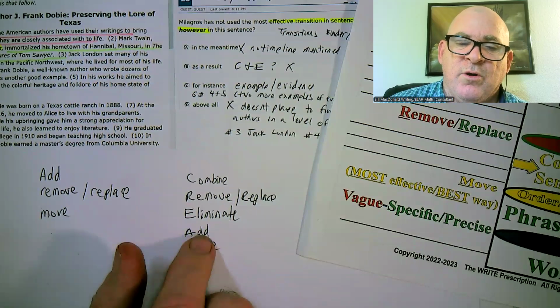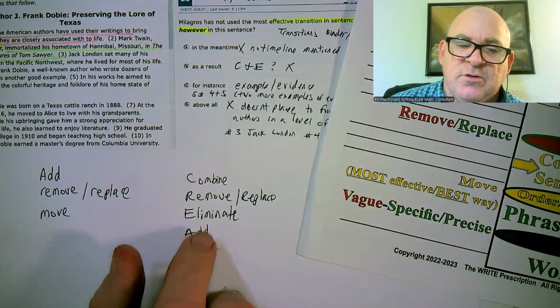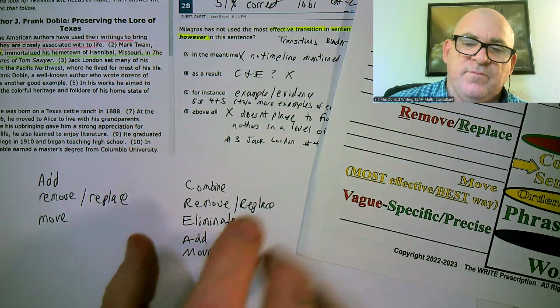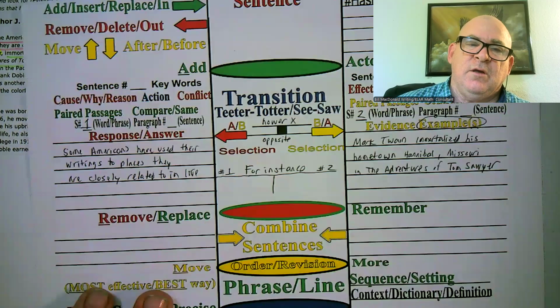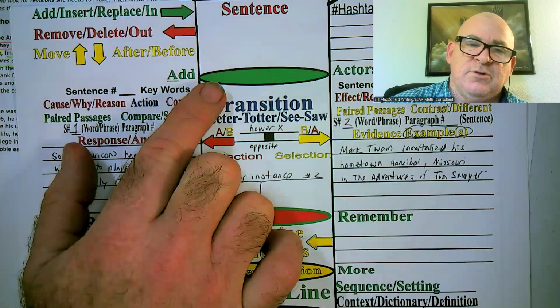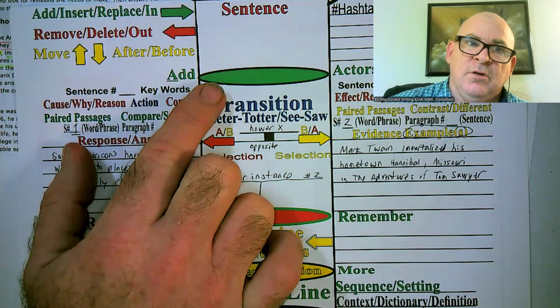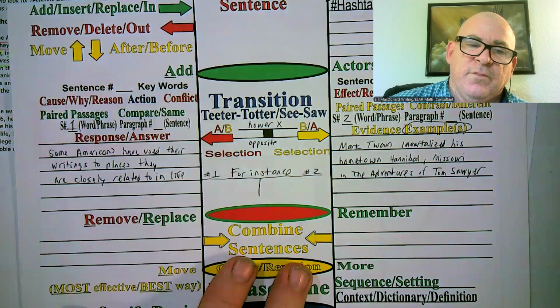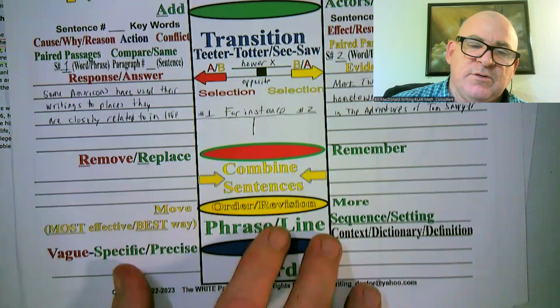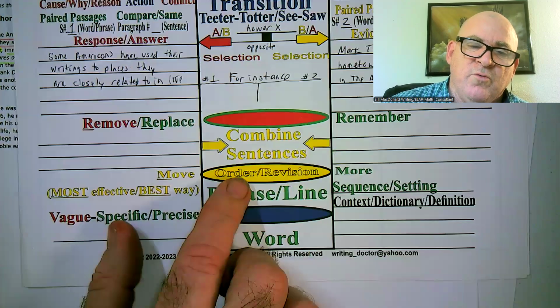To add a word, a phrase, transition, a sentence, or to move something around, okay? And so you'll see the color green is to add because it's good. Red, remove, surrounded by green, replace, or move.